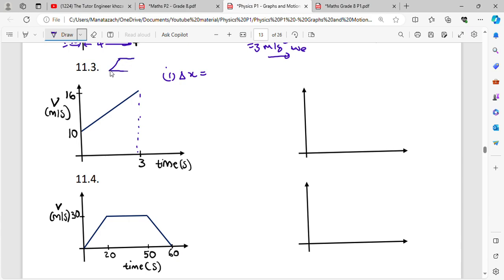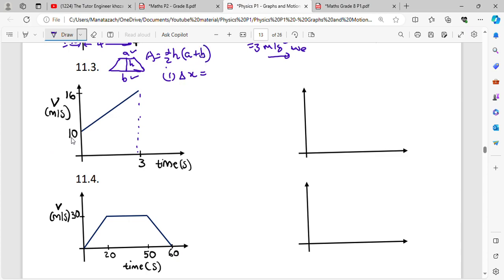If you have a trapezium, the side on top is A, the one at the bottom is B, and they're separated by the length H. That means the area is half H times the sum of A and B. So that's the area of the trapezium.